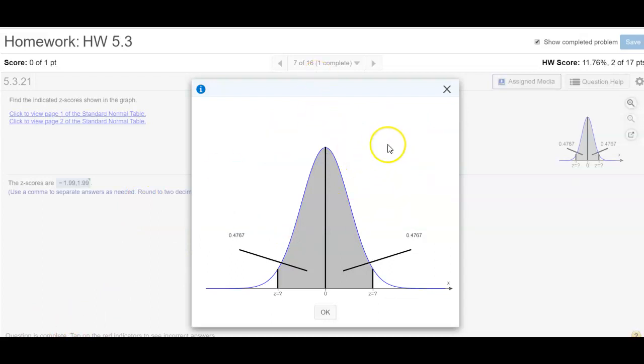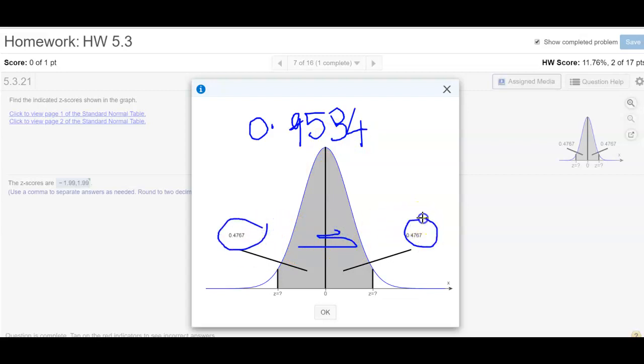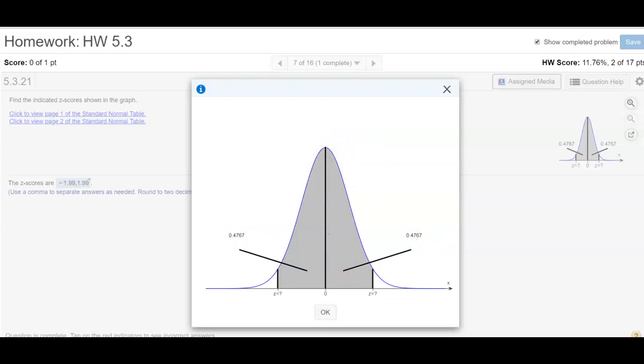What does that give me? That gives me 0.9534. So when I add these two areas, I end up with 0.9534. Let me go ahead and plug that into my calculator.